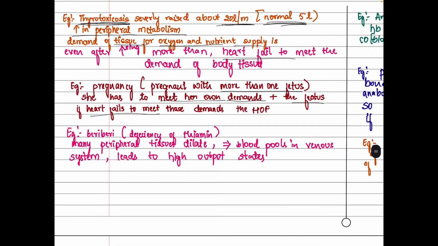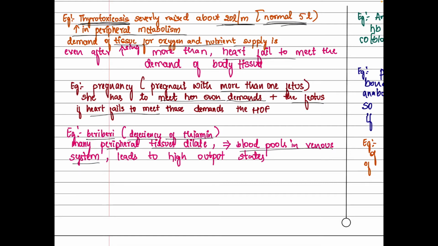That is, the demand for oxygen by the tissues is increased, but the heart fails to meet this demand. This leads to high output failure. The next cause is beriberi. Here there is a deficiency of thiamine, and this leads to peripheral tissue dilation, that is vasodilation. This leads to pooling of blood in the venous system.